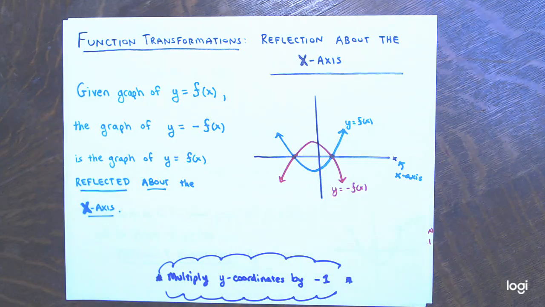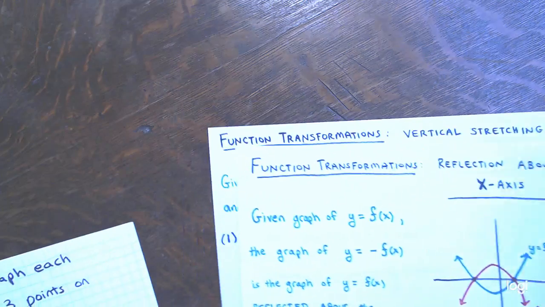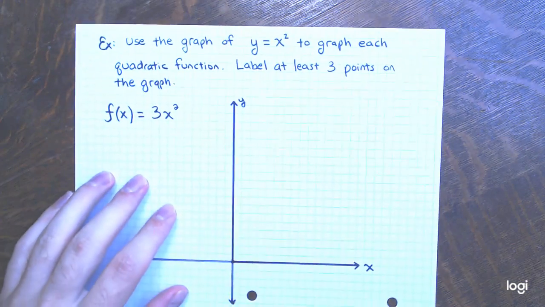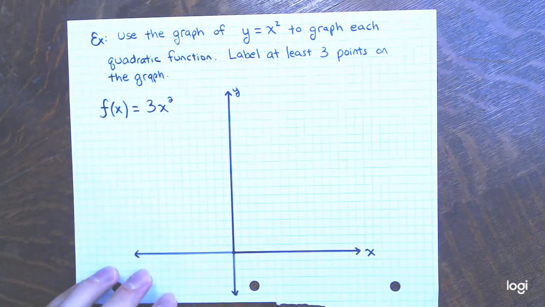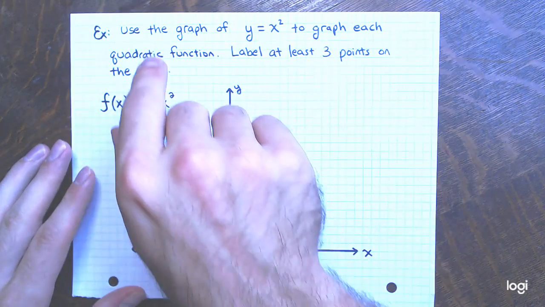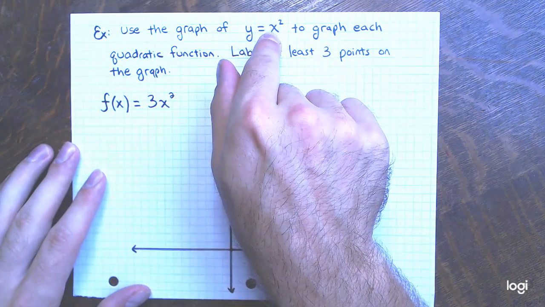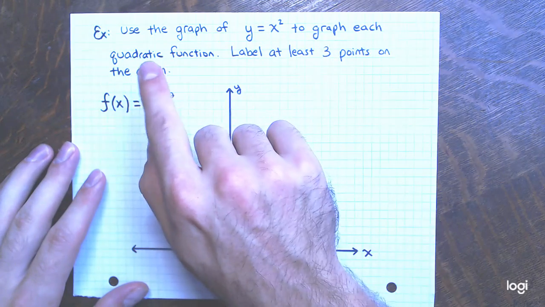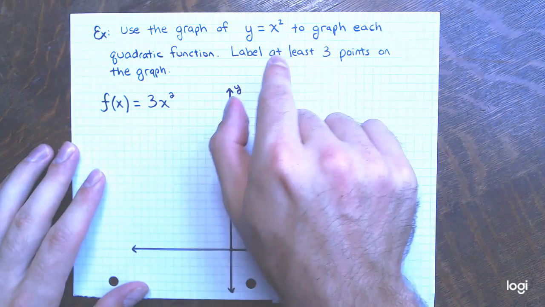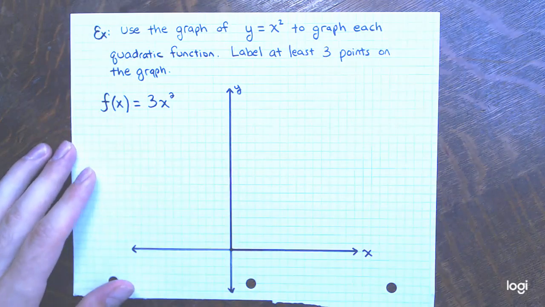So the first example, and in both of these examples, I'll pull these pages back and refer to them again later. Both of these have the same instructions, where I'm asked to use the graph of y equals x squared to graph each quadratic function, and then label at least 3 points on the graph.